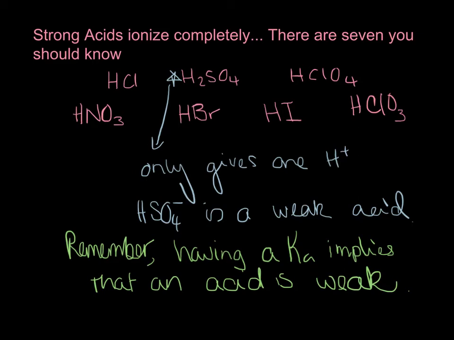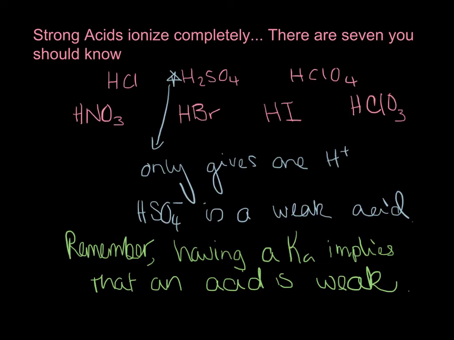Now, there are 7 strong acids: HCl, H2SO4, HClO4, HClO3, HI, HBr, HNO3, and each of these is considered strong because for every molecule it gives at least one hydrogen ion. Now, I put a star next to the sulfuric acid because it's only strong for its first ionization.